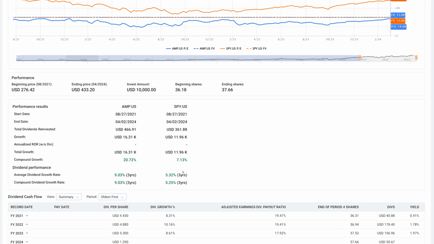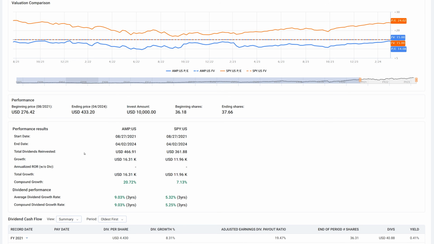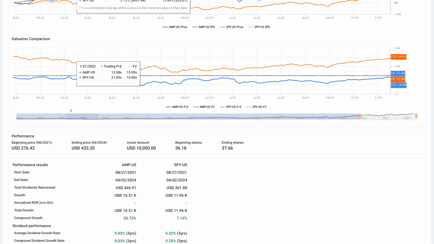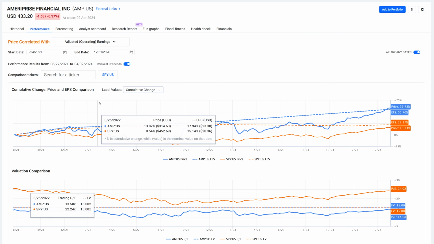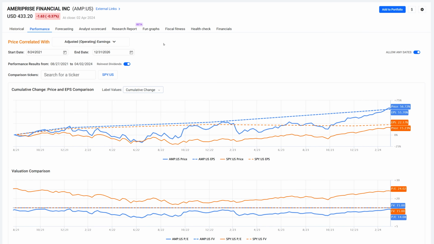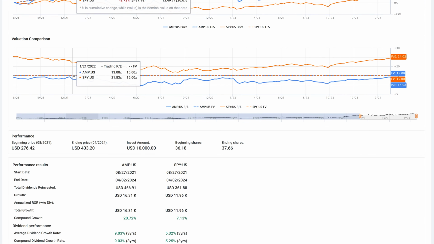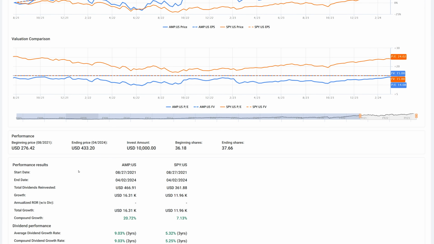The dividend growth has been over 9% per annum, and the S&P's dividend growth has been 5.32%. I want to emphasize that as well, because we're looking here for not just growth of capital. We want to generate a total return at the end, but we're also looking for growth of the income. And this one is clearly outproducing the S&P 500 in terms of growth.